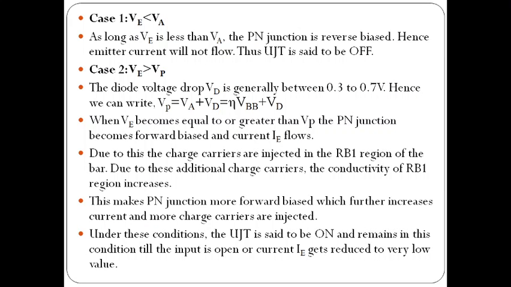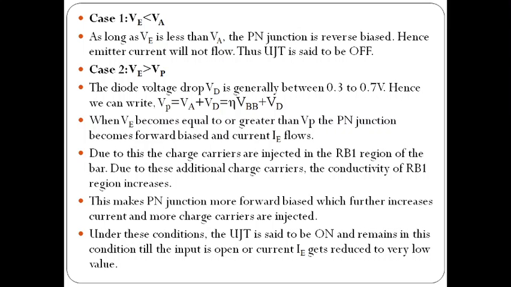Here the anode voltage of the diode is VE and the cathode voltage of the diode is nothing but the voltage drop across RB1, named VA. When the anode voltage is greater than the cathode voltage, the diode will turn on. Otherwise, the diode is turned off. That means we divide into two cases: one is anode voltage less than cathode voltage, and the second is anode voltage greater than cathode voltage.